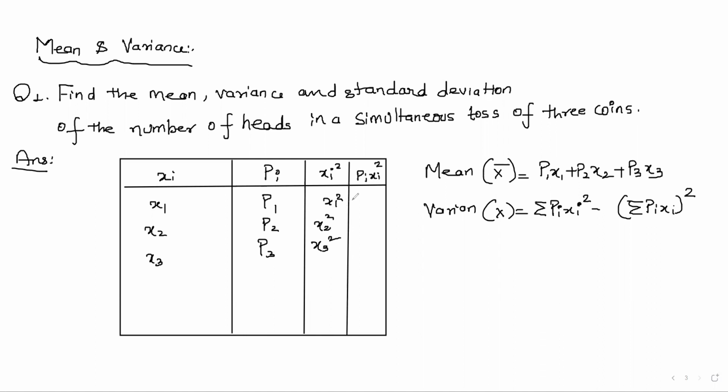That means you need to multiply p1 x1 square, p2 x2 square, p3 x3 square, and then find the sum of this, that will be equal to this one. Minus, what is summation pi xi? This is nothing but the mean. This means mean square. Clear, Atif?